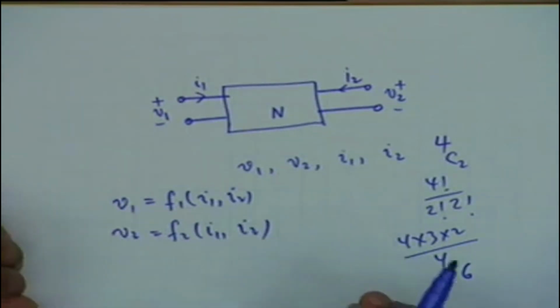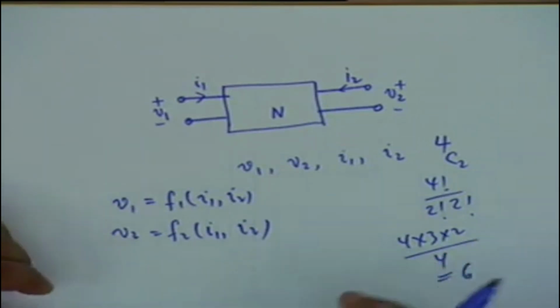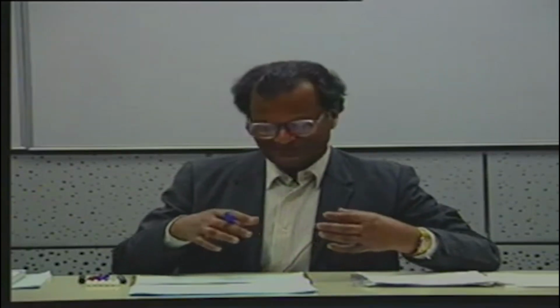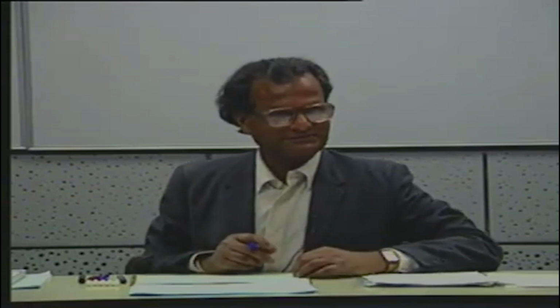Or you can write I1 and I2 in terms of V1 and V2, two voltage sources, and then you find the dependent currents. Or you can make a combination, V1 I1, V2 I2. You can make V1 I2, V2 I1, or their permutation.